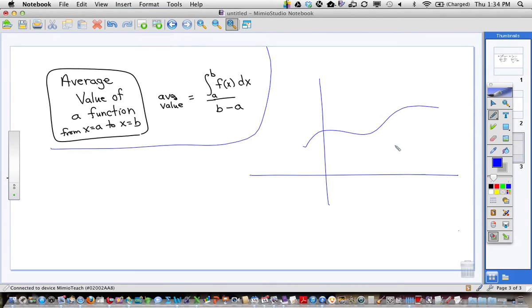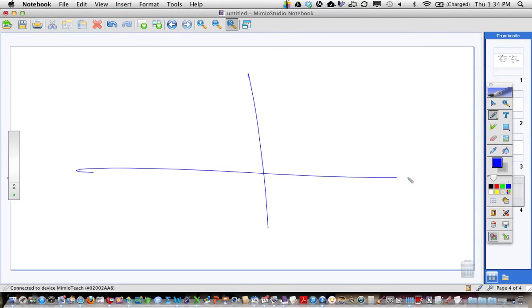If I give you a velocity graph, what does it mean when you get to this point? Let's say it's a car. The car is stopped. It was going right, because it was positive velocity, and now it's going left. Then it stopped again, going back to the right.